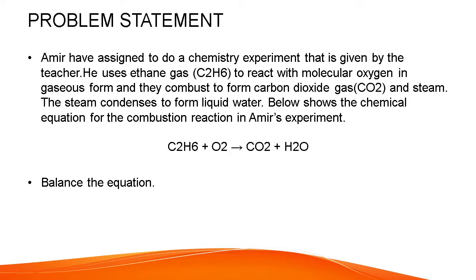The steam condenses to form liquid water. Below shows the chemical equation for the combustion reaction in Amir's experiment. The chemical equation is C2H6 plus O2 will become CO2 plus H2O. So now Amir has to balance the equation.